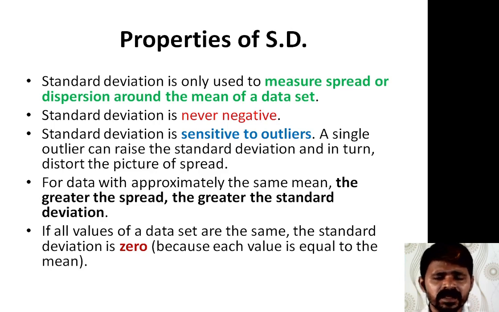That's why standard deviation is very sensitive to outliers. For data with approximately the same mean, the greater the spread, the greater the standard deviation. If the observed values and the mean are all the same, then the standard deviation is 0.